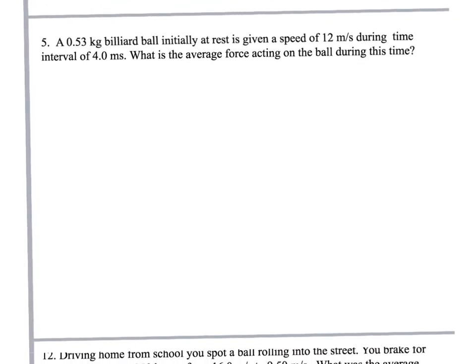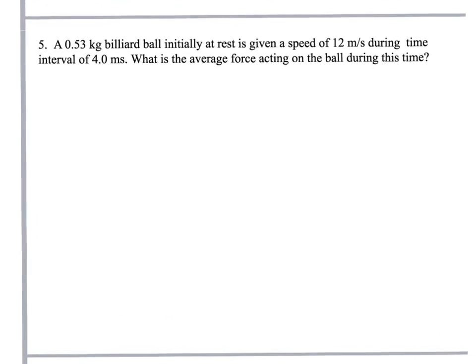And then another force problem right here, where we have a 0.53 kilogram billiard ball. We're going to look for the average force during the time interval that the ball is actually in motion. So we're going to start with Newton's law: F equals ma.